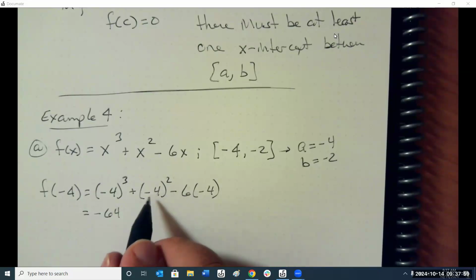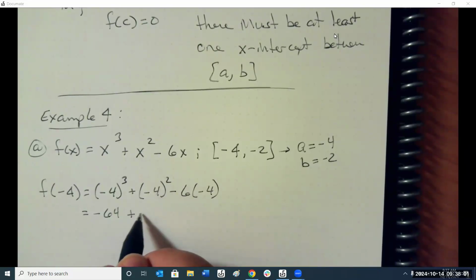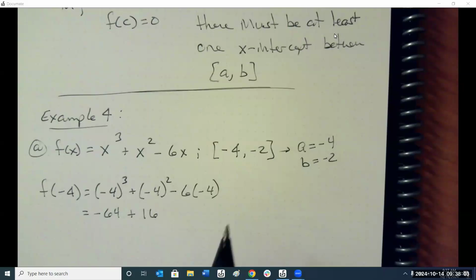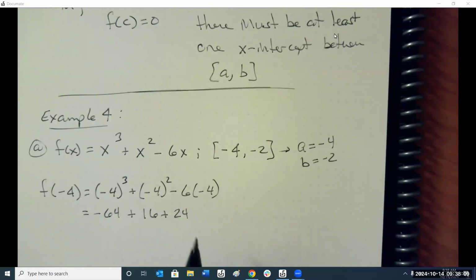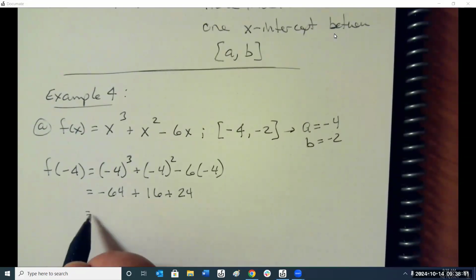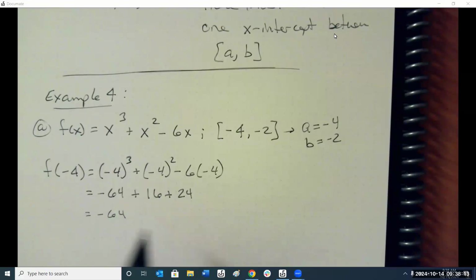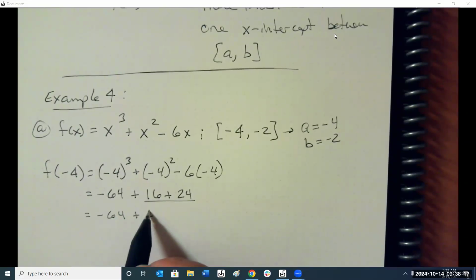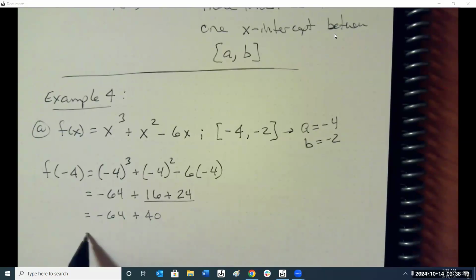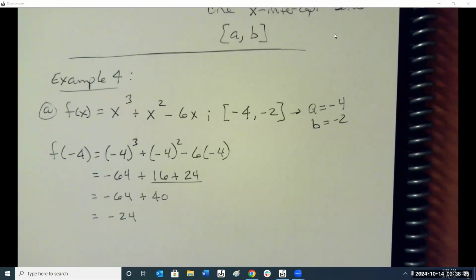Negative 4 squared is a positive 16. Negative and negative makes it a positive. 6 times 4 is 24. Sixteen plus 24 is 40. So negative 64 plus 40 is negative 24. So this one has a negative sign.